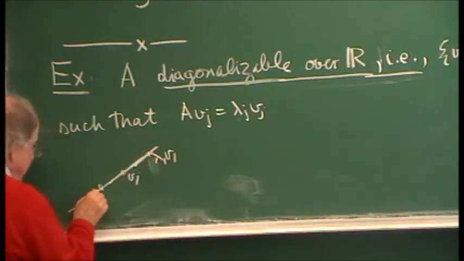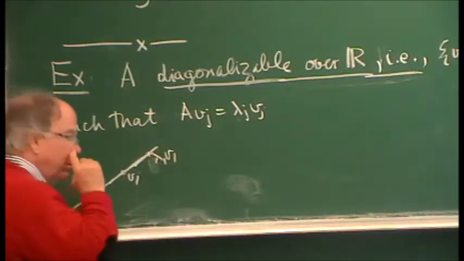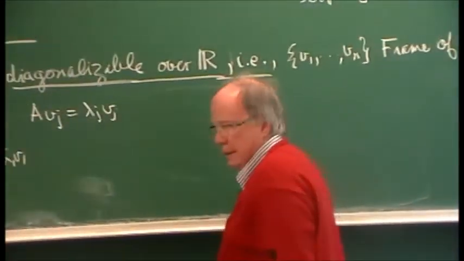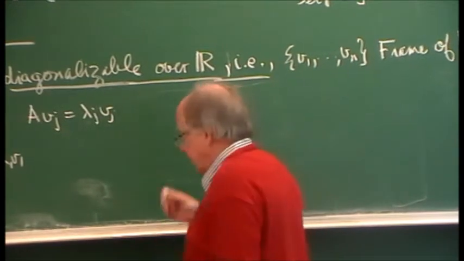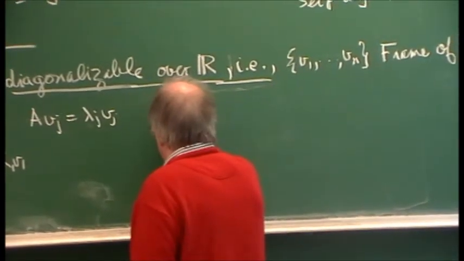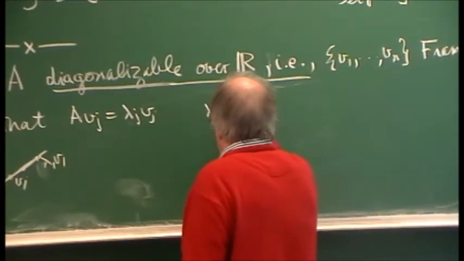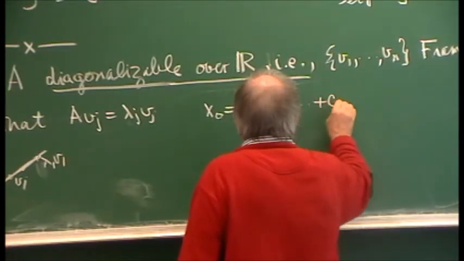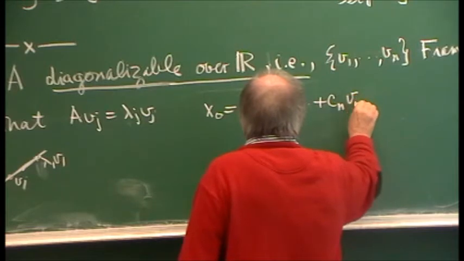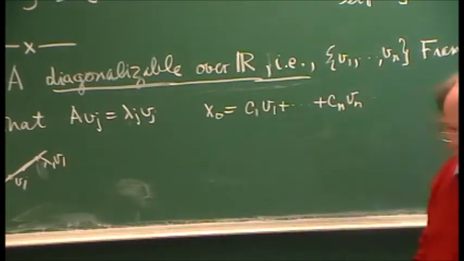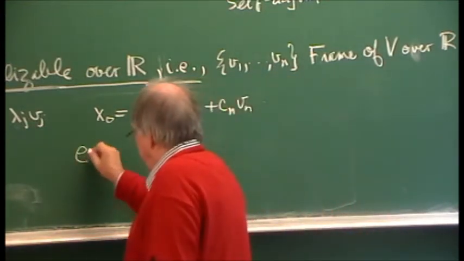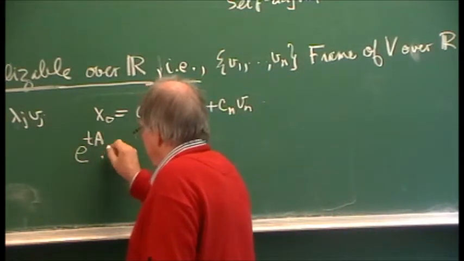And down here, this is the other way around. Okay. Now let's take a base point. A base point is a linear combination of elements of this frame. Right? And you apply e to the tA to this base point.